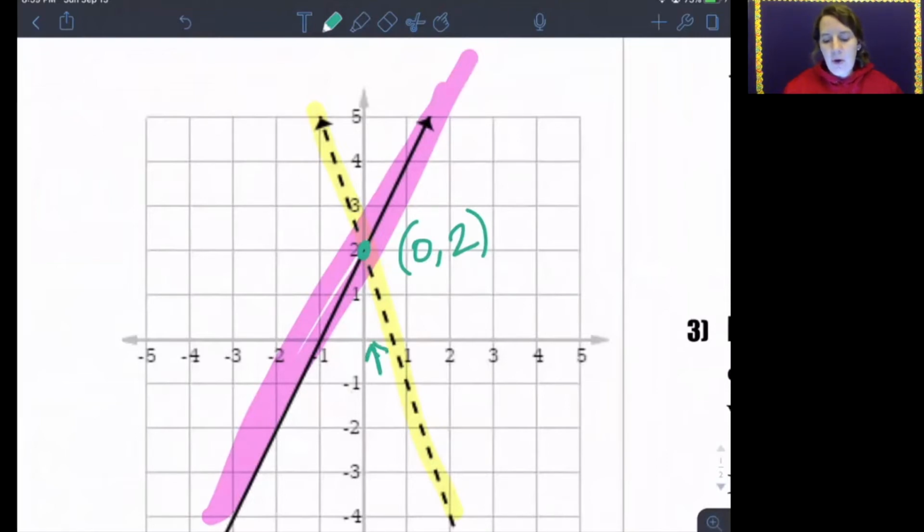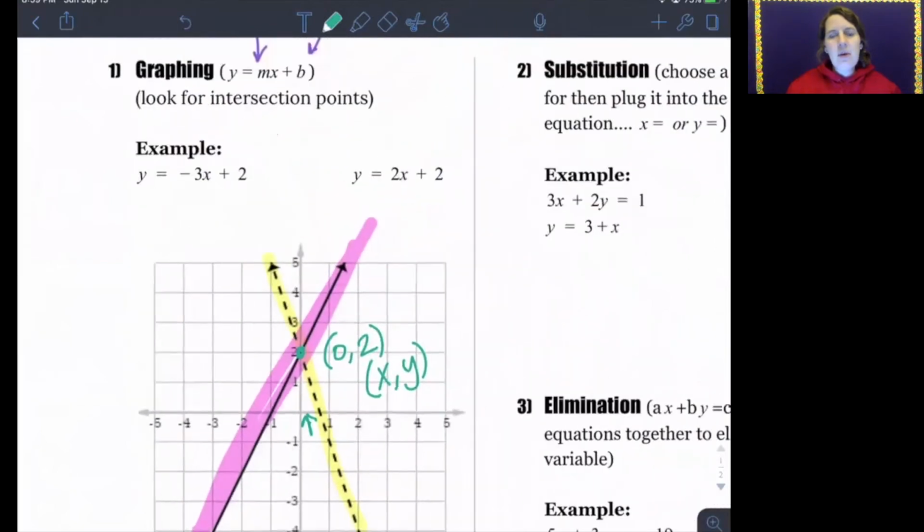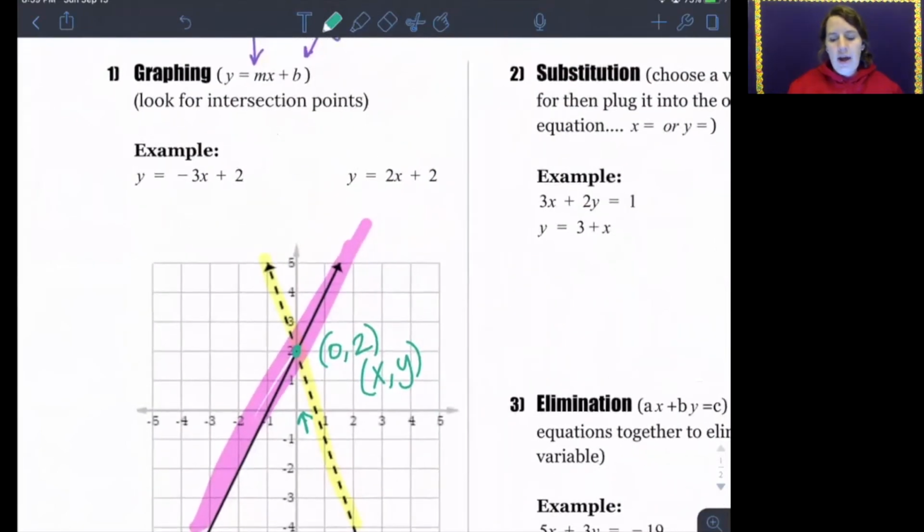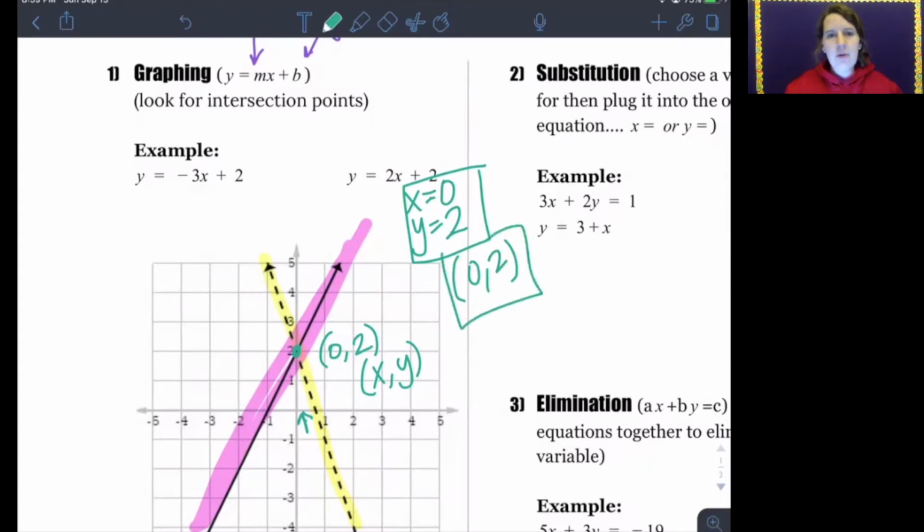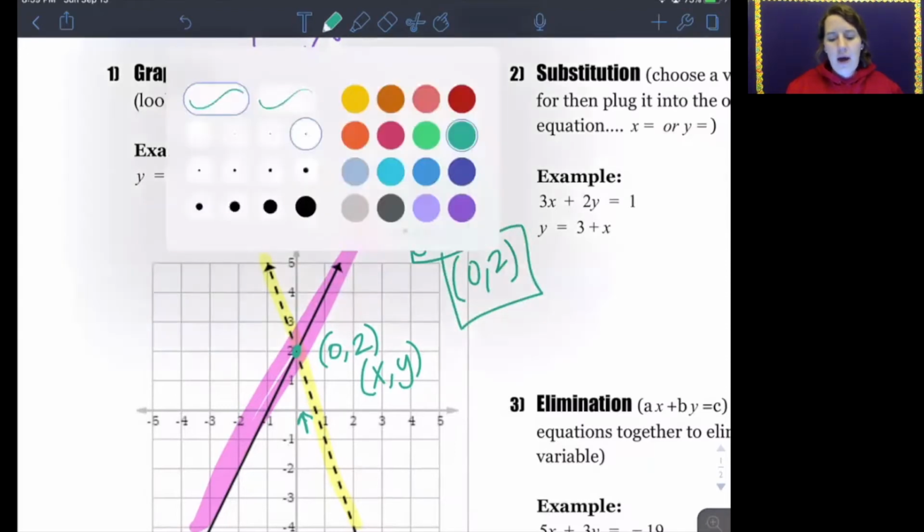All coordinates are in the form x, comma, y, so for these two equations, x equals 0 and y equals 2. If I plugged those values into either of those equations, we would get a true statement. You can also write your answer as the ordered pair (0, 2). That's fine as well.